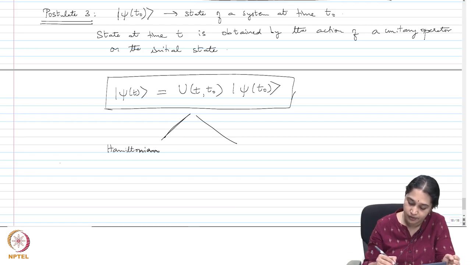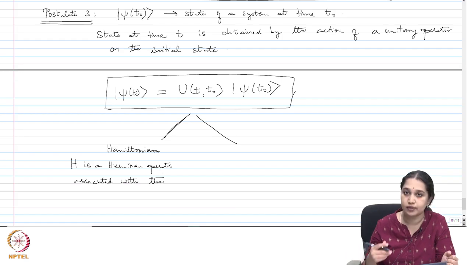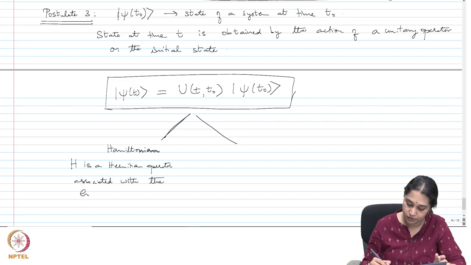The Hamiltonian, often denoted H, is a Hermitian operator associated with the energy of the system. It is a Hermitian operator, just like Sx, Sz for the spin-half systems, but H is associated with the energy of the quantum system.